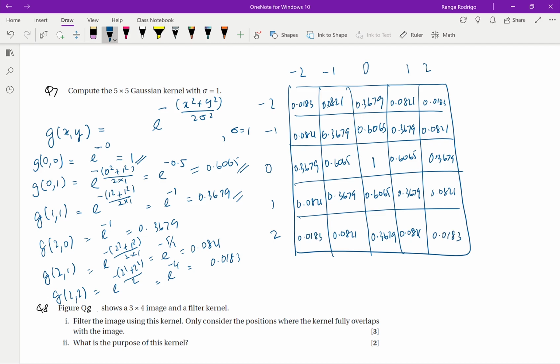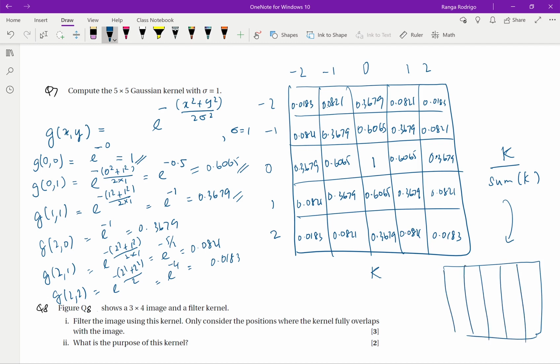So okay, now this is not done, so there is something to be done. So let's call this K. You have to take K and divide by the sum of K, this full sum of that. That's the final answer. You have to write another grid of the same size, where you put this sum.